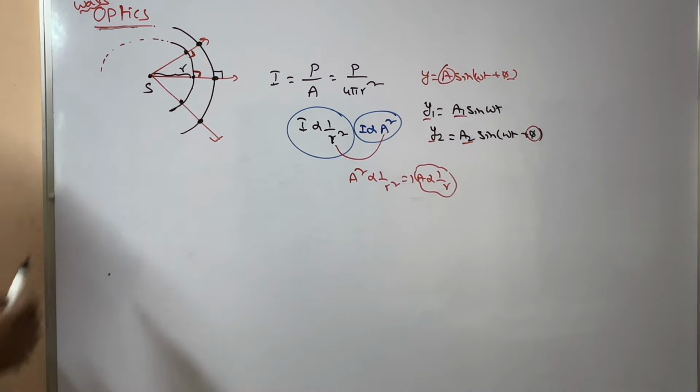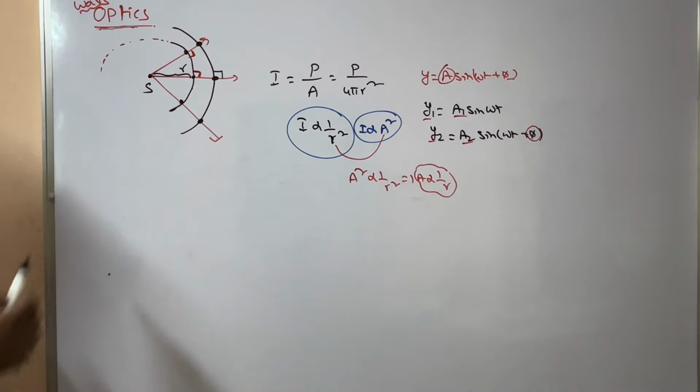So they will write a1 sin omega t plus a2 sin (omega t plus phi). You will expand this using sin(A plus B) equals sin A cos B plus cos A sin B. Correct?